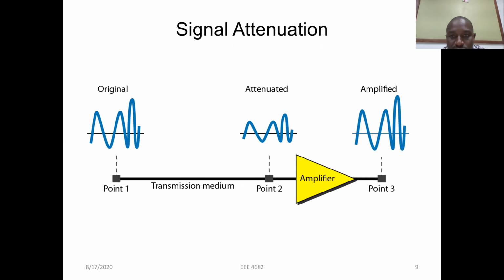And this attenuated signal, as you notice from this diagram, tends to become weaker as it is transmitted from point 1 to point 2. So what you do is pass it through the amplifier or the repeater, so that the signal can retain its original strength or energy, as shown at point 3.